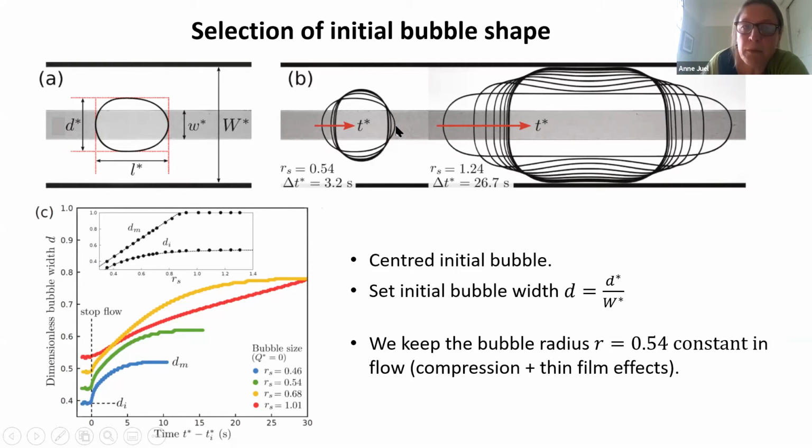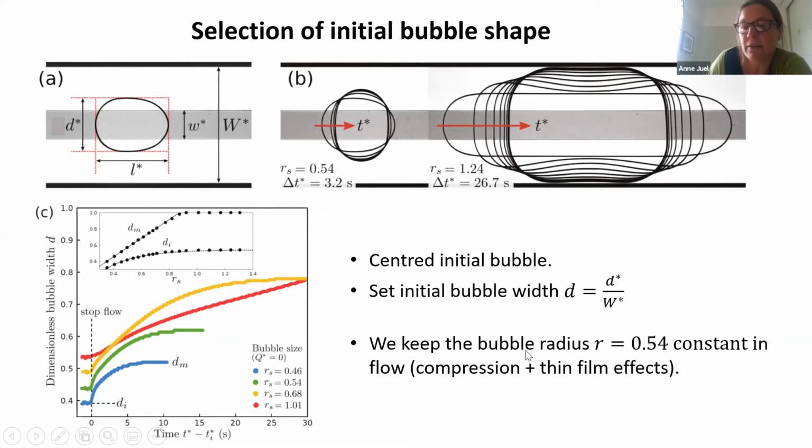We interrupt the flow, and we let the bubble relax to different bubble widths that we can then track on this graph down here, and we can essentially calibrate the relaxation of the bubble so that we can reproducibly set the same initial condition over and over again for different bubble widths. And we obviously have a limited range within the relaxation of a bubble of a certain size.